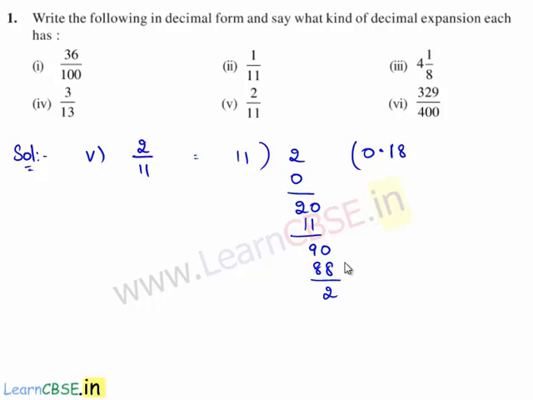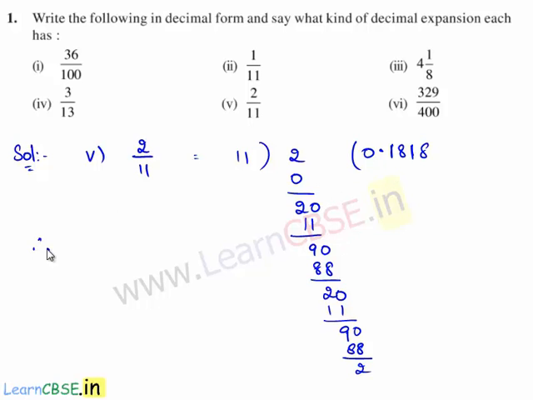Because of the decimal point, 2 becomes 20. Again 11 goes in 20 1 time, as 11 times 1 is 11. And we are left over with remainder 9. Because of the decimal point, 9 becomes 90. 11 goes in 90 8 times, as 11 times 8 is 88. And we have the remainder 2. Doing this process, we go on getting the remainders repeated.